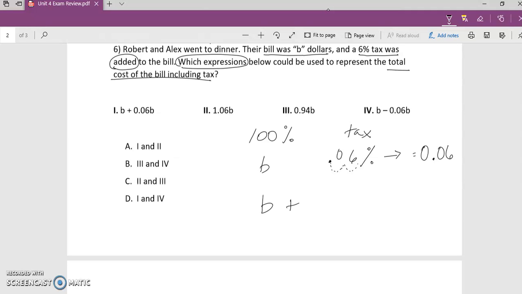So B plus 0.06, that would be the easiest way to write it out, because I'm adding the tax. So this one is going to be one of the correct answers.